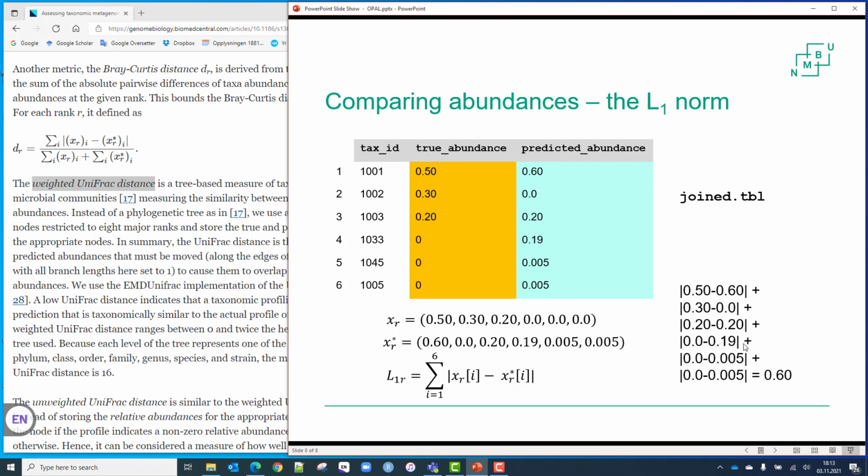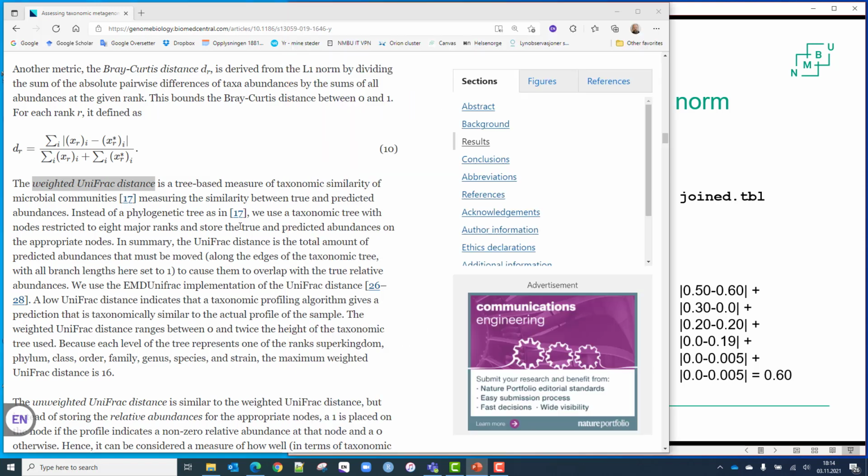So for instance, this difference here and this difference here will be weighted down and not count as much anymore if this taxon and this taxon are very closely related. But if they are very distantly related, then they are perhaps weighted up, so it becomes even worse than it looks like now. But that's the idea of the weighted unifrac anyway.